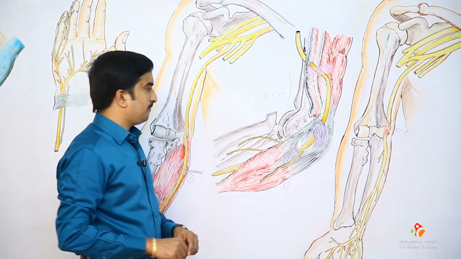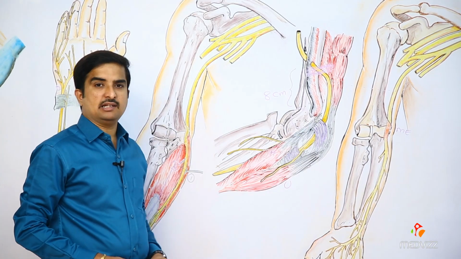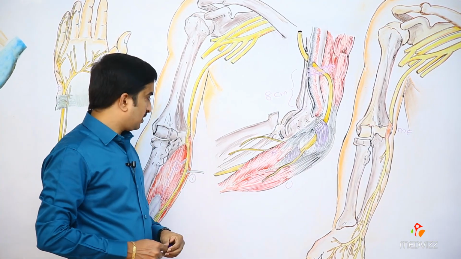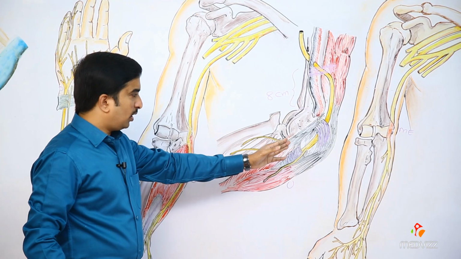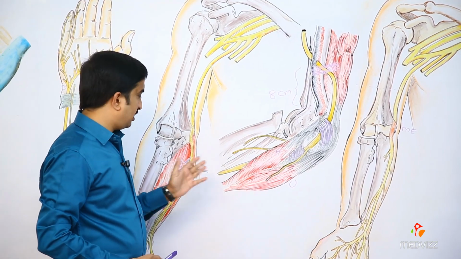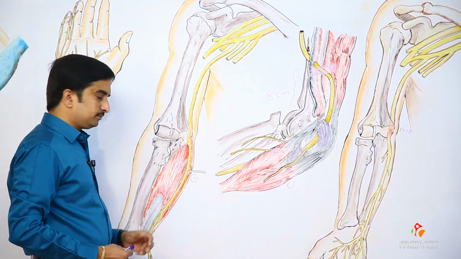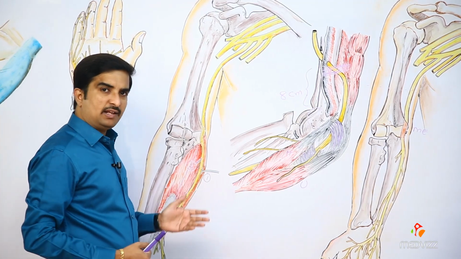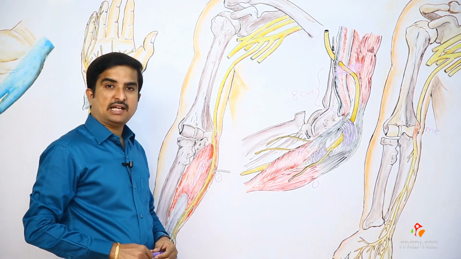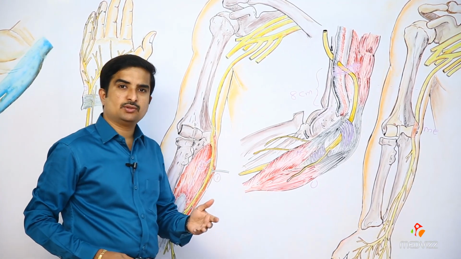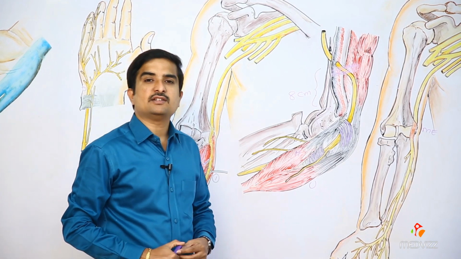If there is an injury to the ulnar nerve at the elbow, what happens? The motor innervation of the forearm is lost, as well as the motor innervation of the hand, and there is also loss of sensory innervation.